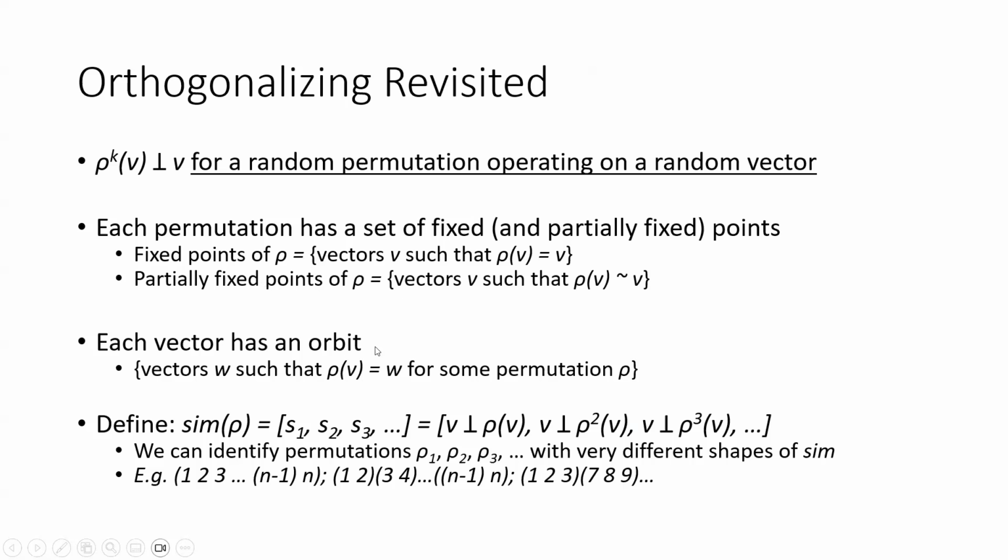There are a few concepts I'm giving a nod to; we don't need to go into detail. There are a few concepts that come out of abstract algebra as applied to operators on sets, for group actions, where you can say things like: if I take a permutation, how many of my vectors are going to be fixed by this permutation? How many of my vectors will be partially fixed by this permutation?